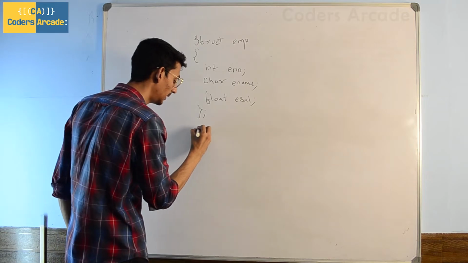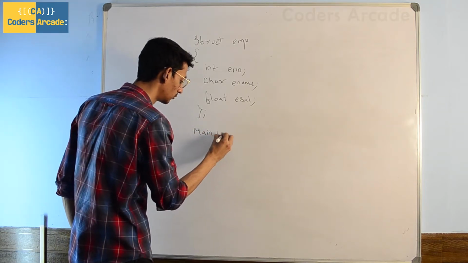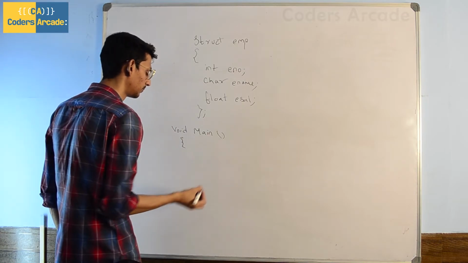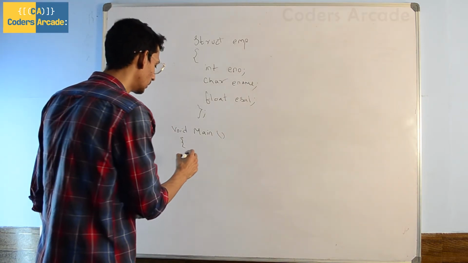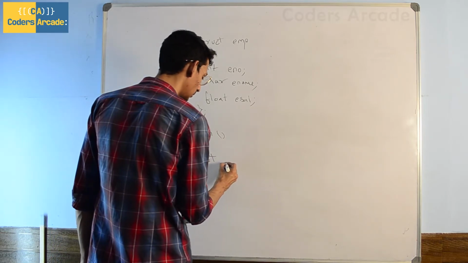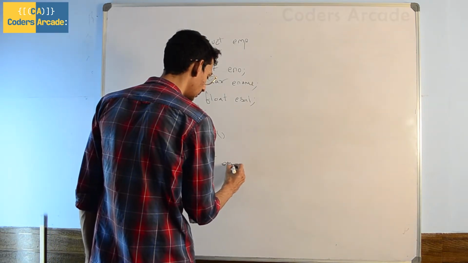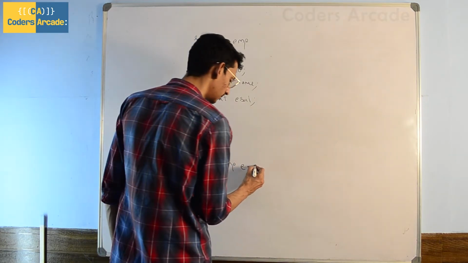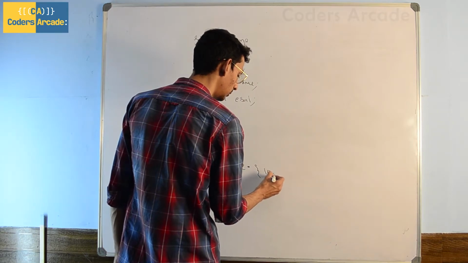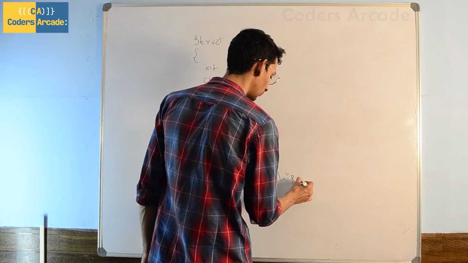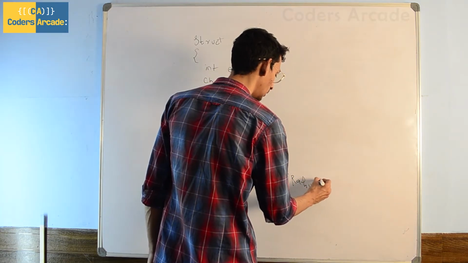Now inside our main function, void main, to define our structure, struct employee e is equal to 1001, Rahul.